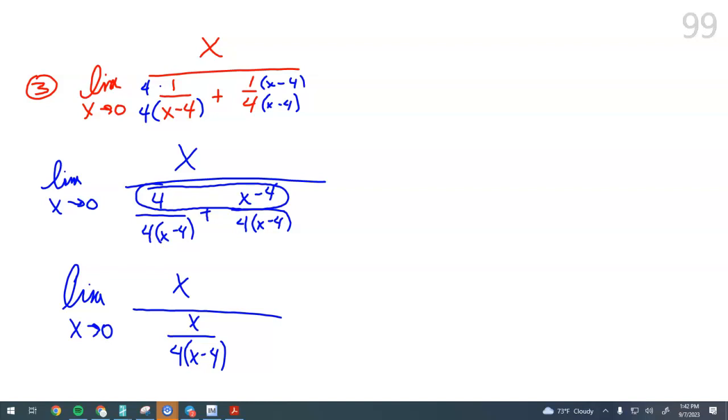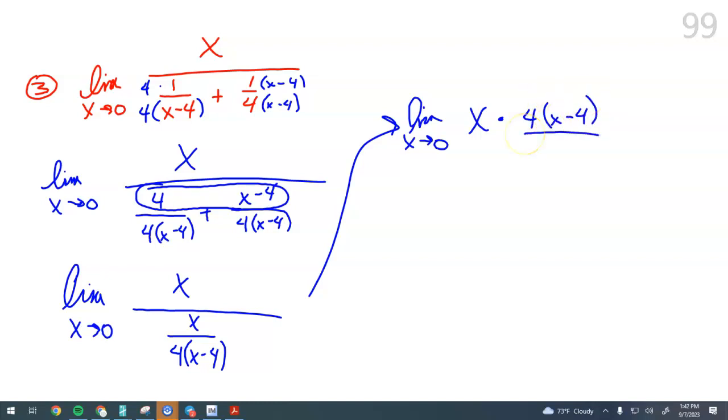So then I don't divide fractions. I flip over the bottom one and I multiply. So this becomes x times. So instead of x divided by this stuff, it's x times the reciprocal of this stuff. So it's x times 4 times x minus 4 over x.